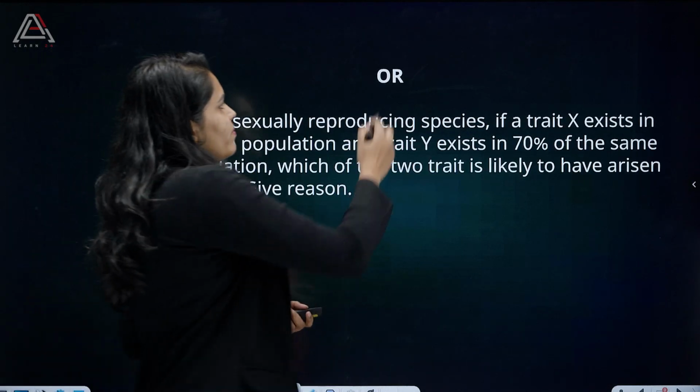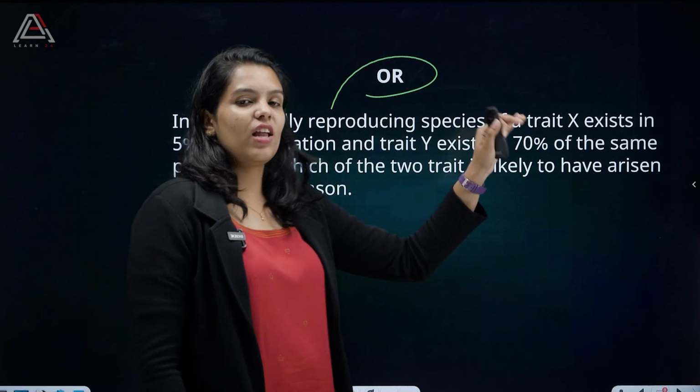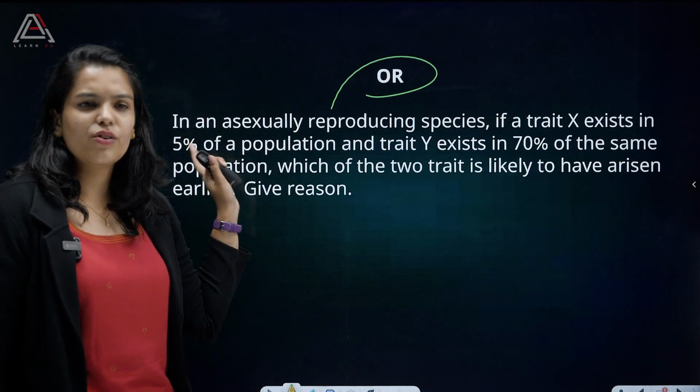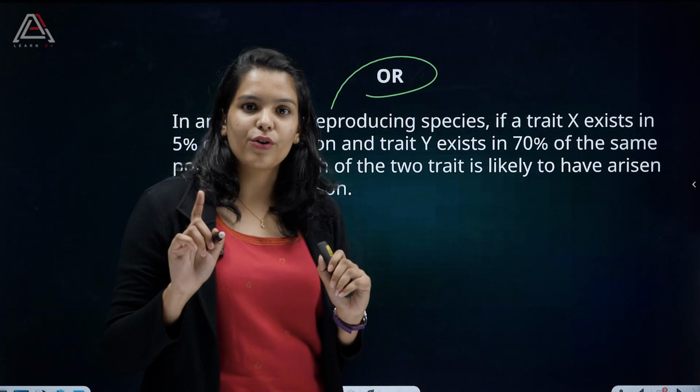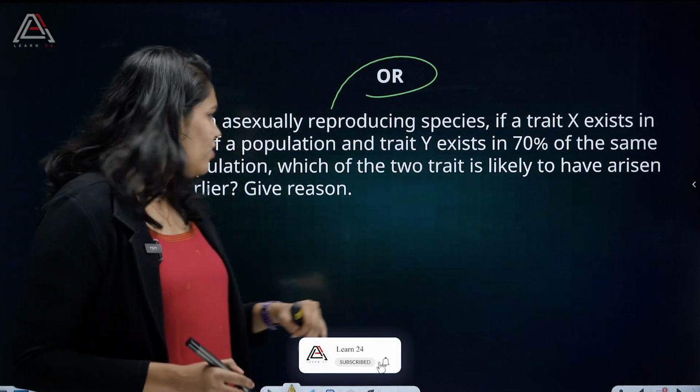Now in this question there is an 'or' part, which means either you can answer this question or the previous question. Any one question is enough for you. So let's see the 'or' part.